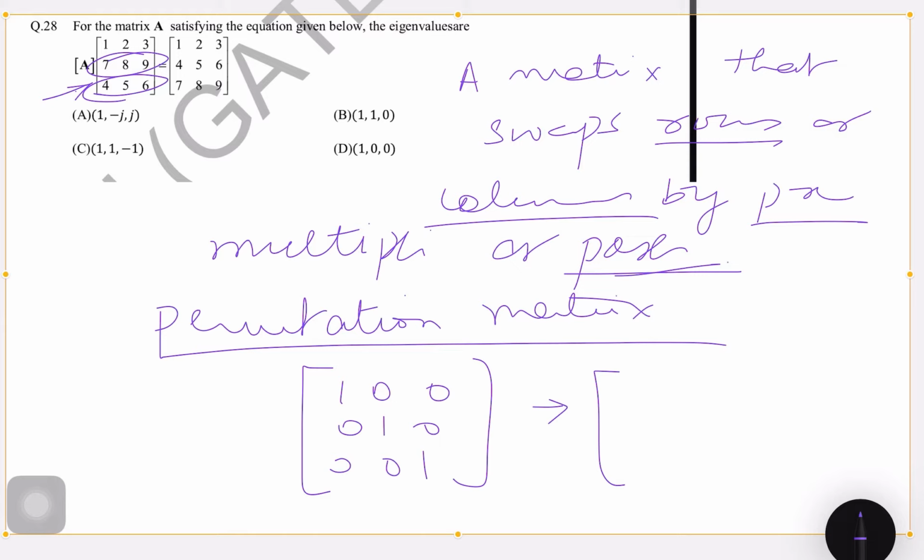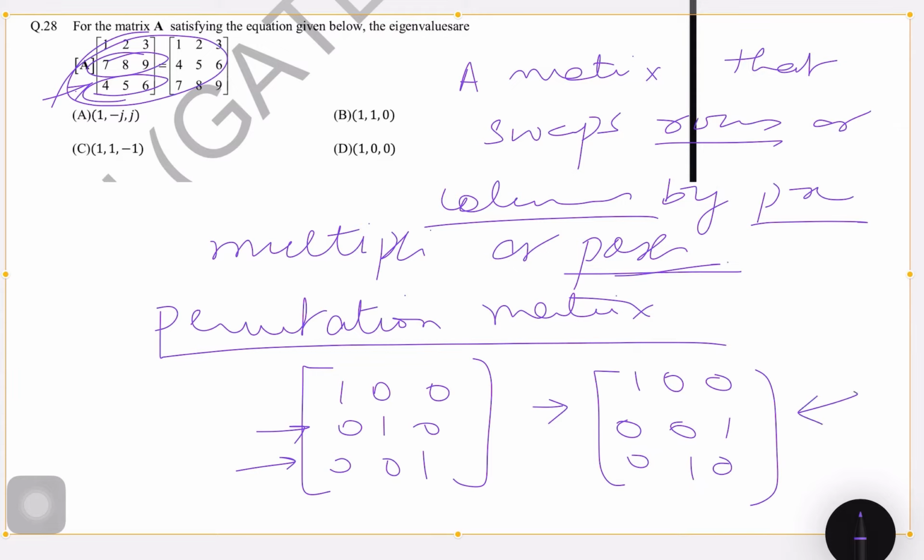We will swap the second and the third row of identity matrix. All right. So let's just swap it and check what happens if we pre-multiply this matrix with our given matrix. So we will get 0 0 1 and 0 1 0.